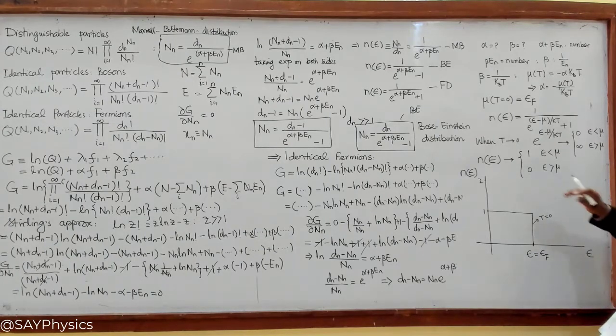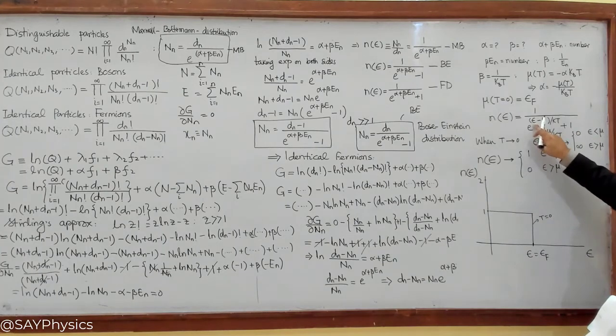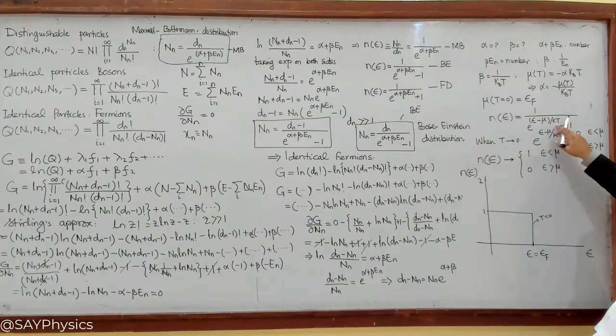And when you just put this limit at E equal to EF, then at E equal to mu, this is equal to 0. And for any other T non-zero, then this term comes out to be 0. You just understand this one. This is important.